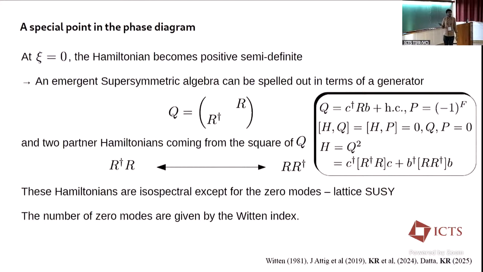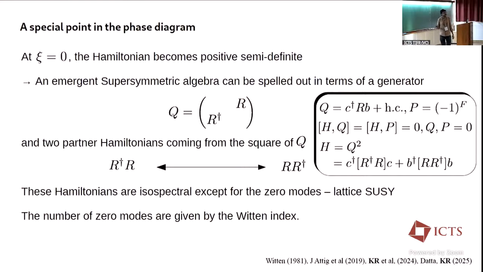Particularly when R is a rectangular matrix, if you have a different number of fermions versus bosons, or equivalently a different number of A lattice sites versus B lattice sites, you expect additional zero modes coming from the difference between the null space of R and R dagger. This difference is essentially what we call the Witten index in supersymmetric quantum mechanics.